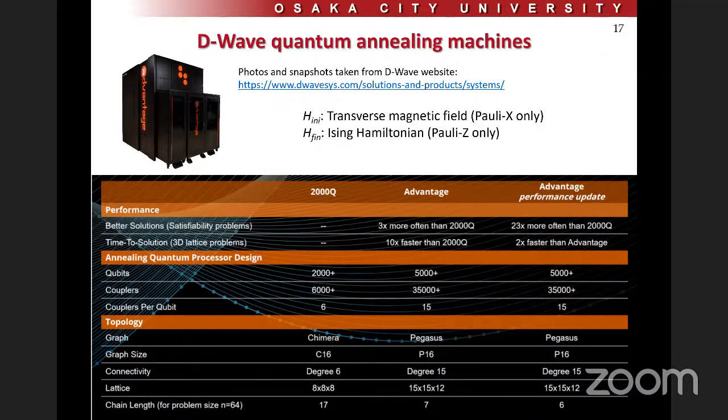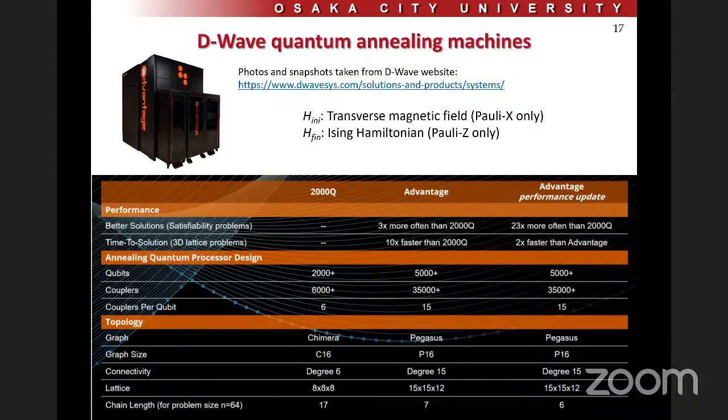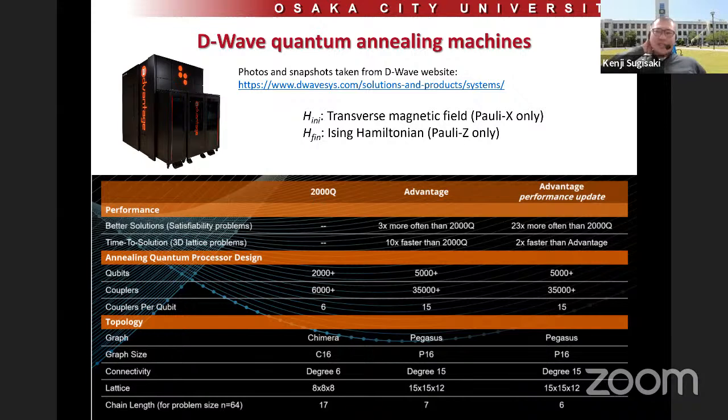So the number of quantum gates will also increase, including the navigator Hamiltonian, which raises the computation cost.